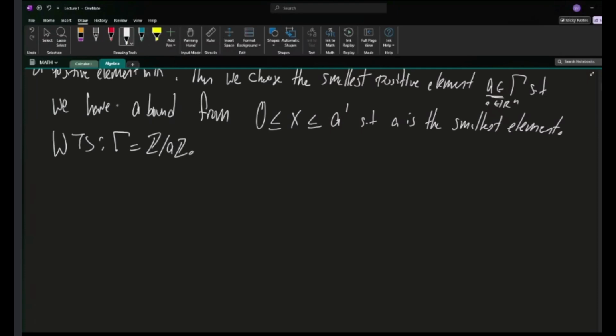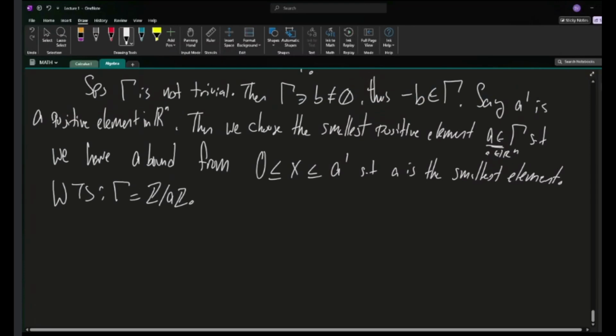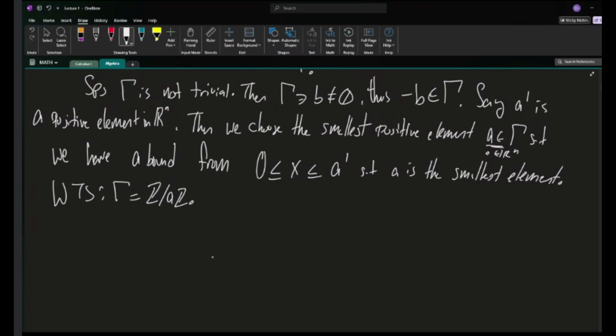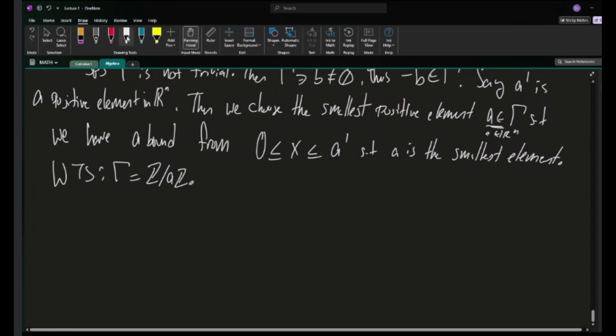We're dealing specifically with the first octant.